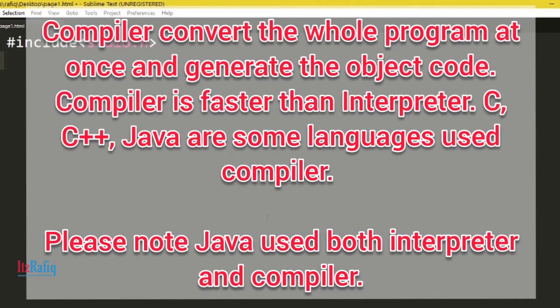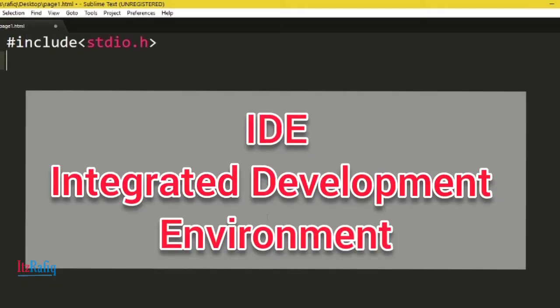For Python we use an interpreter, and for C, C#, we use a compiler. Java is the only programming language which uses both compiler and interpreter. So remember that.